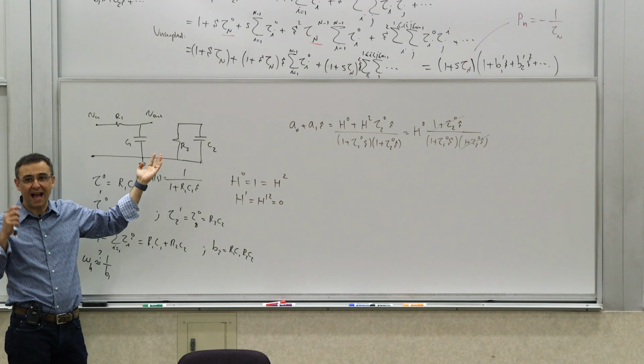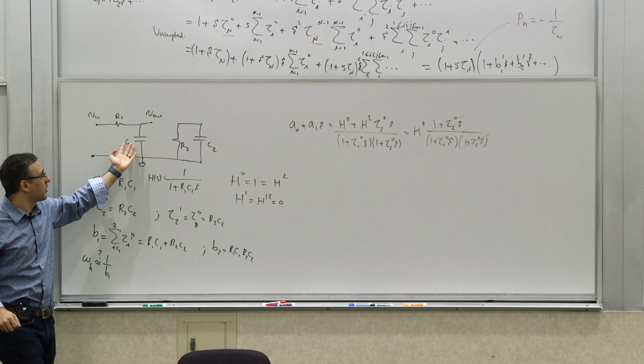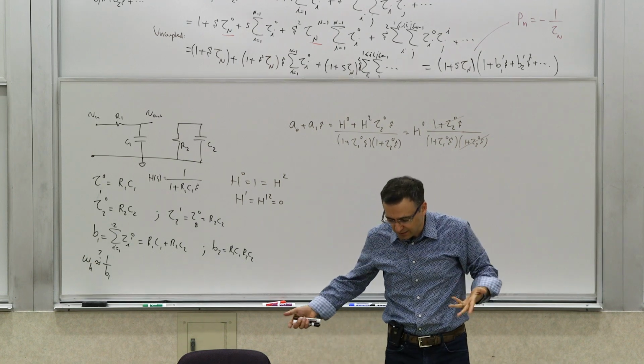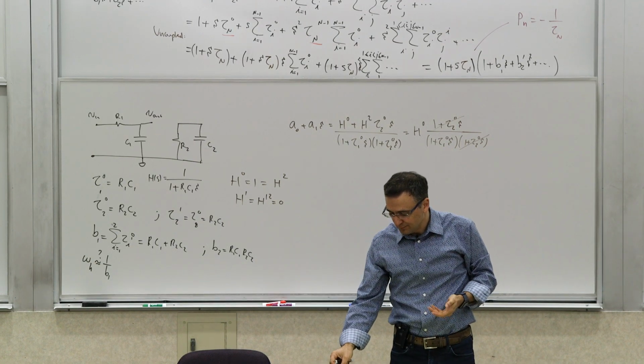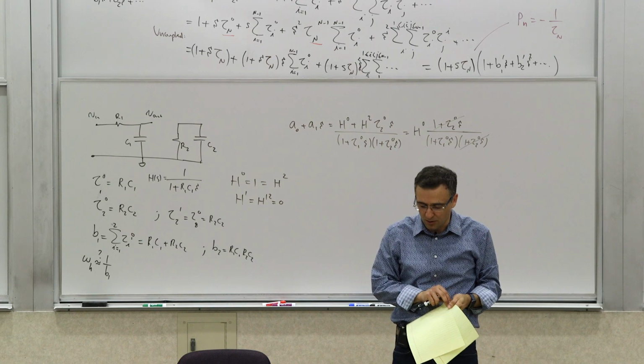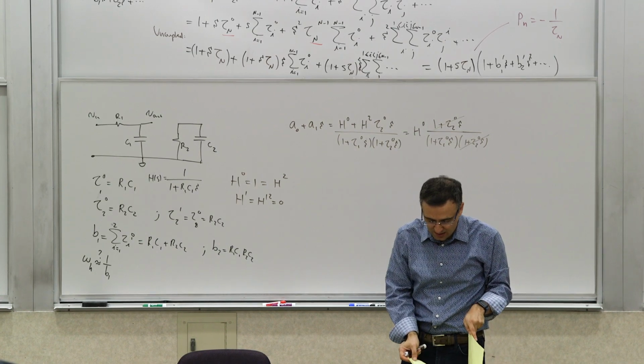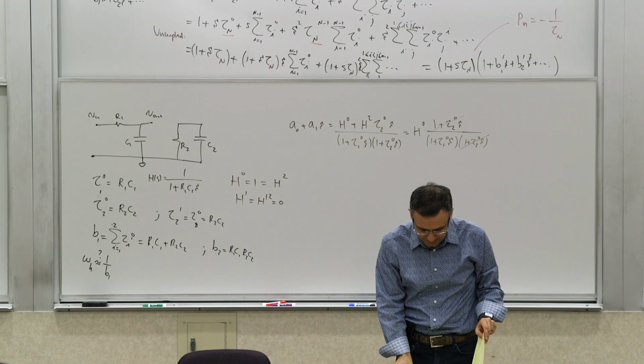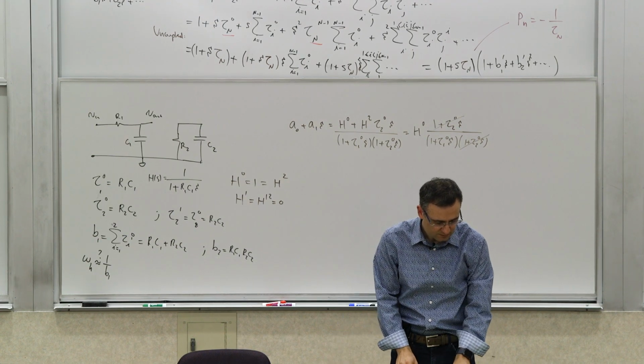So this is exactly an example of an observable part and an unobservable part of the system. That's called an unobservable pole and zero, or unobservable dynamics in the system. Okay? Any questions on that? All right.